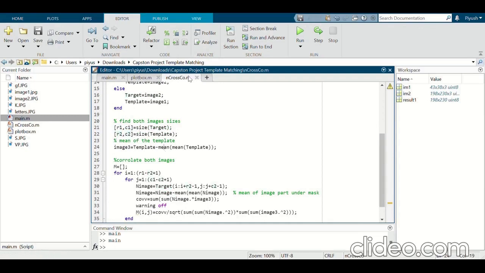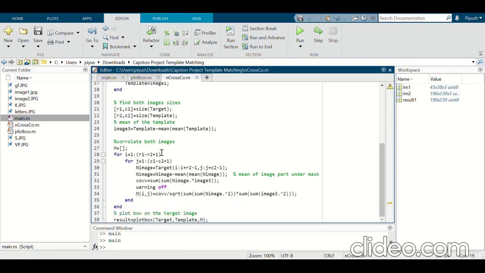Now, the algorithm we are using is normalized cross correlation. In normalized cross correlation, for each image or function, we subtract its mean value from each value and do a summation over the whole image. So I have to calculate the mean. First I calculate the mean of the template image.